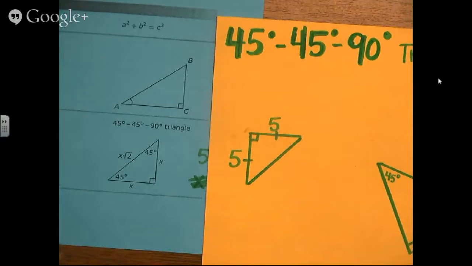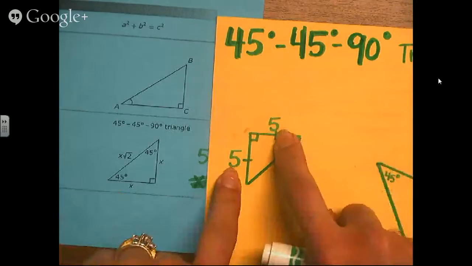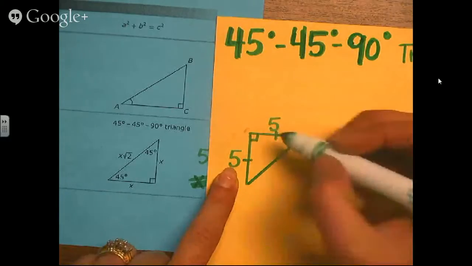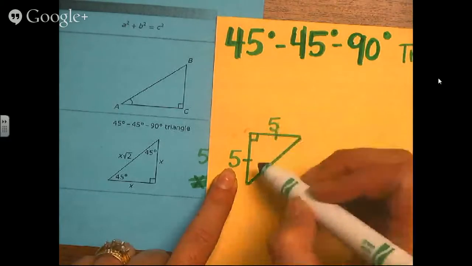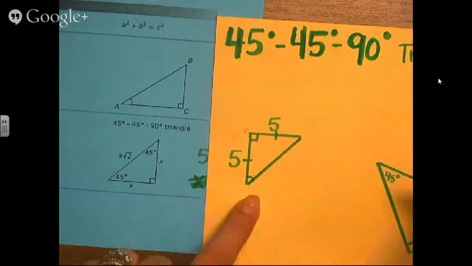I still know that they are 45 degrees, and this is why I know that. These two sides that have a length of 5 are the same. What that tells me is that the angles that are located directly across from them, which would be my bottom angle here and my one on the right here, have to be the same as well.